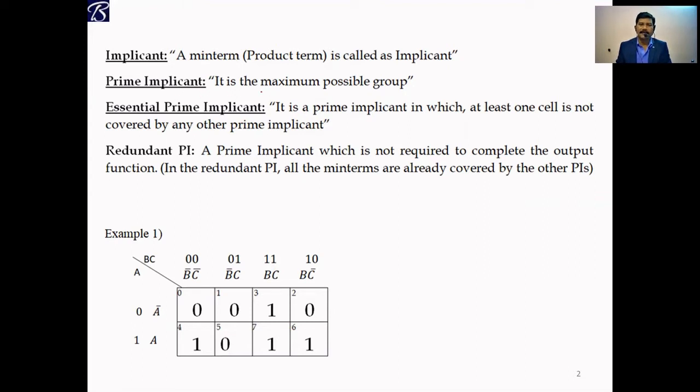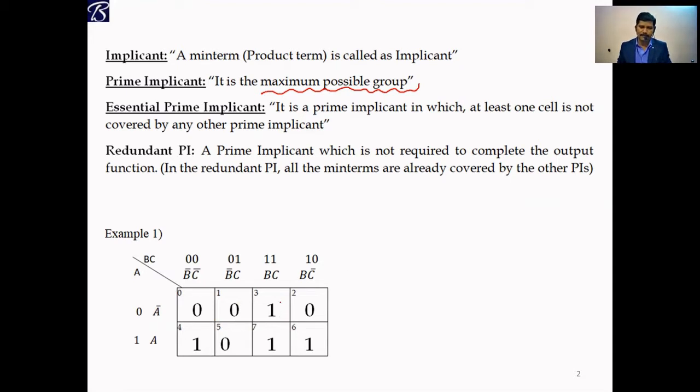It is the maximum possible group. That means all the maximum possible groups are nothing but prime implicants. Let us see in this example how many prime implicants there are.